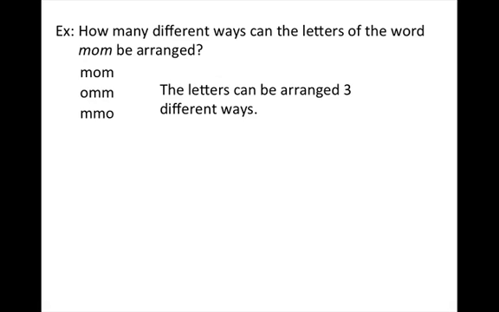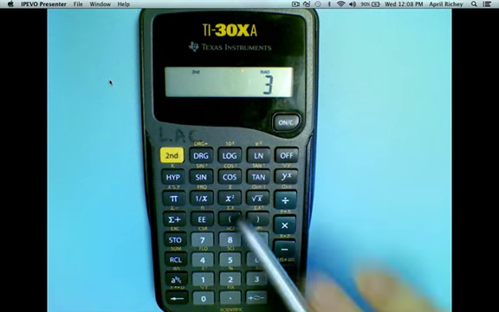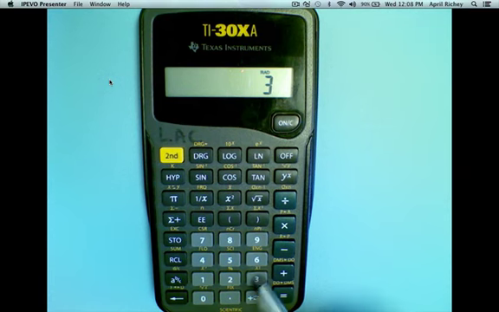Now the order matters, so this would be a permutation. So let's look at a permutation of 3 choose 3. If I type the 3 choose 3 in my calculator, I have 3, hit second and 9, type your 3 again, and hit equals. This gives me 6.